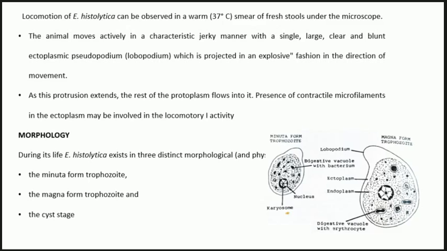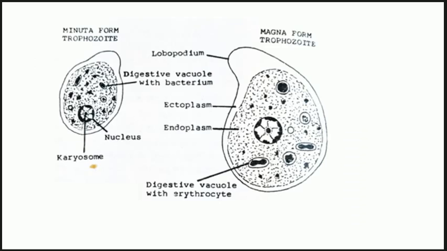If you look at the diagram carefully, I'll try to enlarge it. In the minuta form, you see the digestive vacuole with bacterium. We will talk about the minuta first, then the magna. As you can see, there is a lobopodium, a very distinct nucleus with a nucleolus, and some digestive vacuoles with erythrocytes.